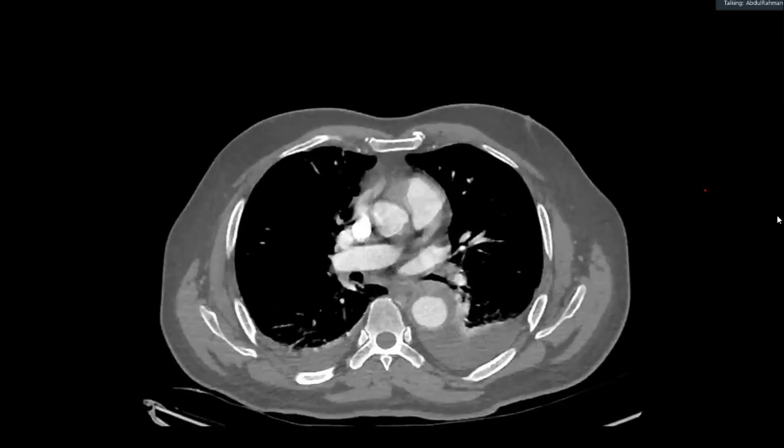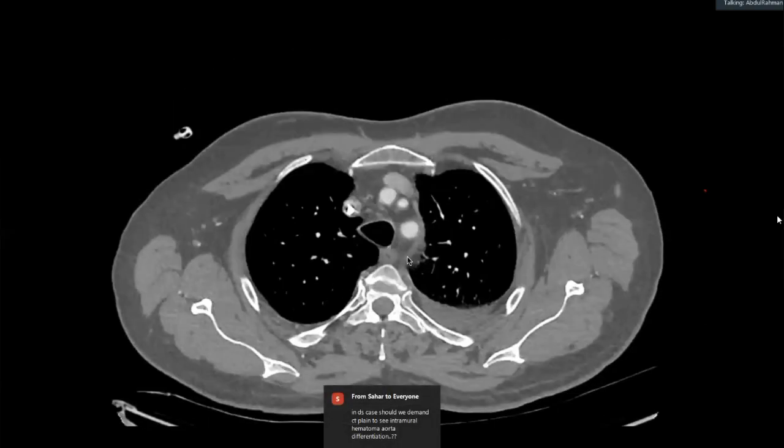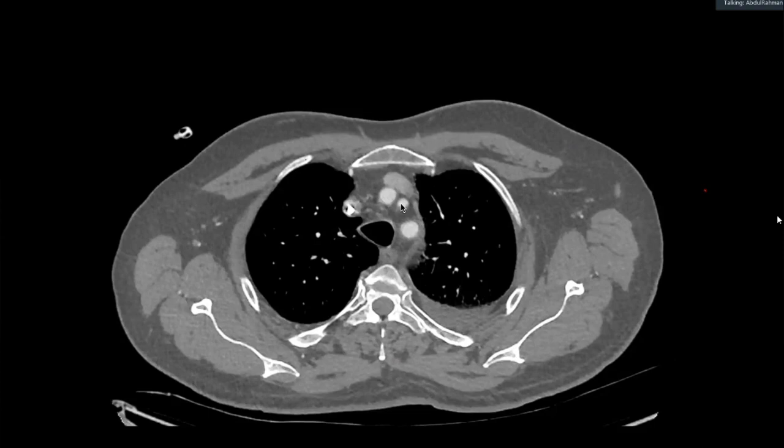Okay. All right. You've done very well. I'll stop you there. Before I go on, can you tell me what this artery is? Subclavian. Which one? Left side. Okay. What is this? Let's assume conventional aortic arch anatomy. What about this one then?